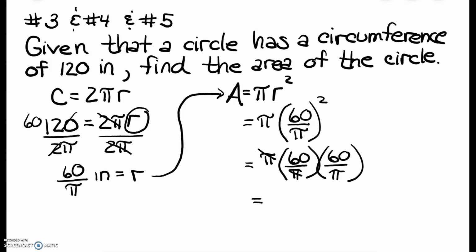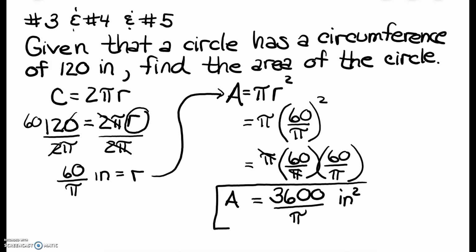When I multiply 60 times 60, I get 3,600 over pi. And the units are in inches, so I know area is squared units. So the area of this circle is 3,600 divided by pi inches squared.